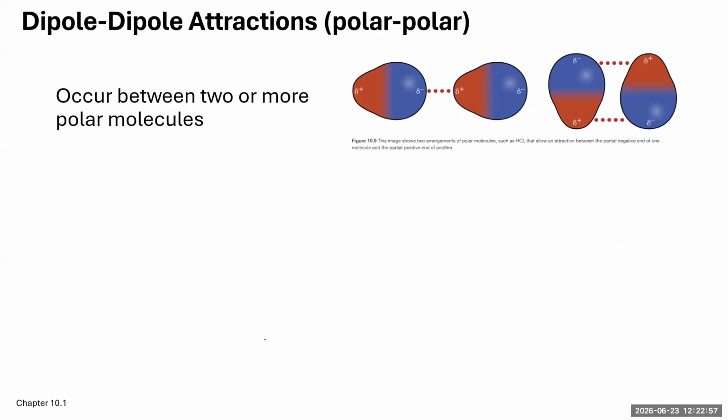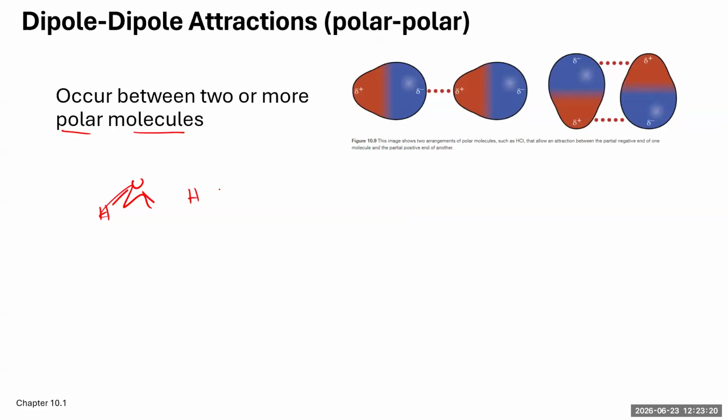Okay, so this is one that we should be familiar with, because of the polarity chapter. I believe that was topic 4, again, a continuation from that. They occur between two or more polar molecules. So what's a polar molecule? Well, it's a molecule. Let's use something different.